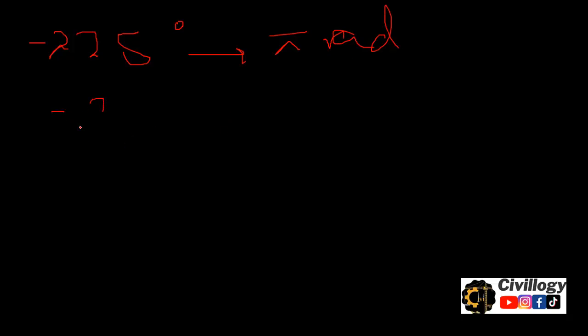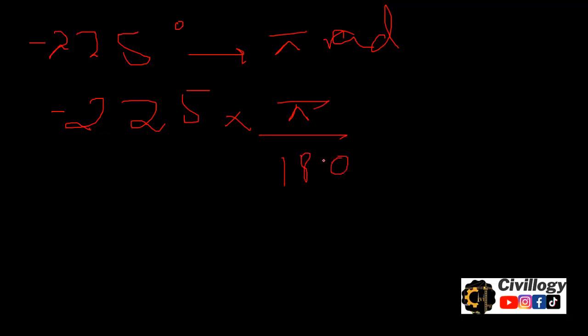Let's have another example with a minus. Let's suppose we have minus 225 degrees and we convert it into pi radians. We will multiply minus 225 by pi divided by 180.